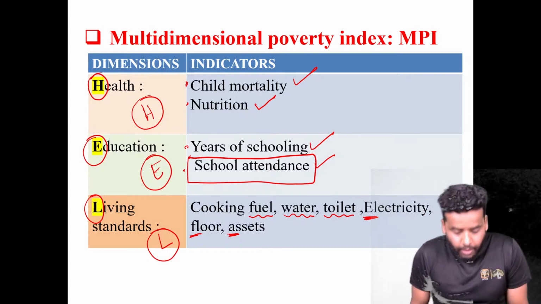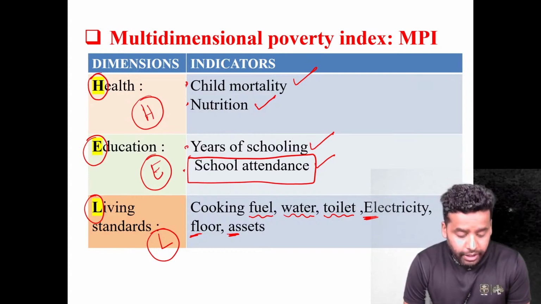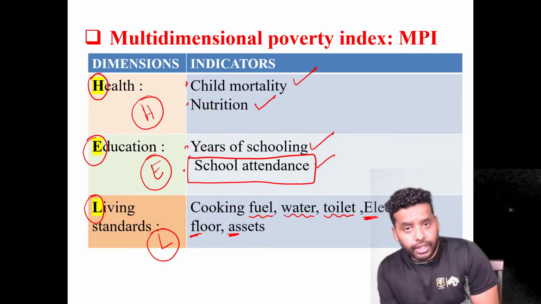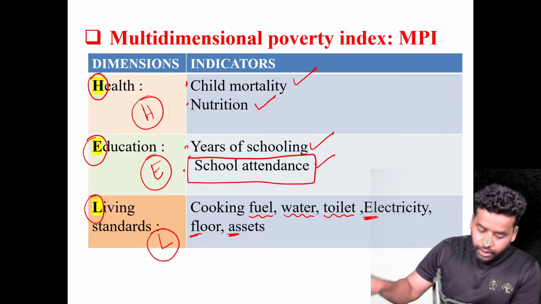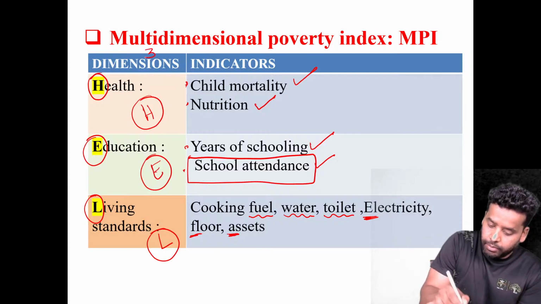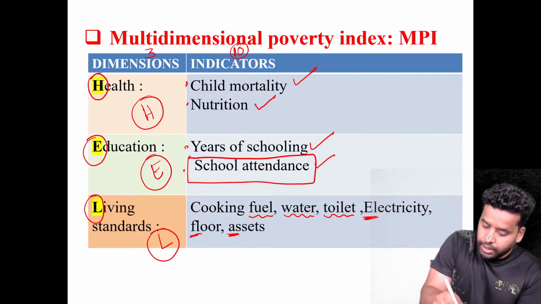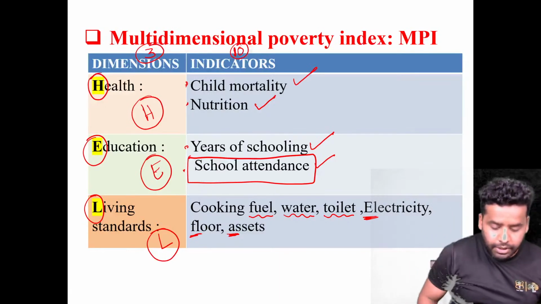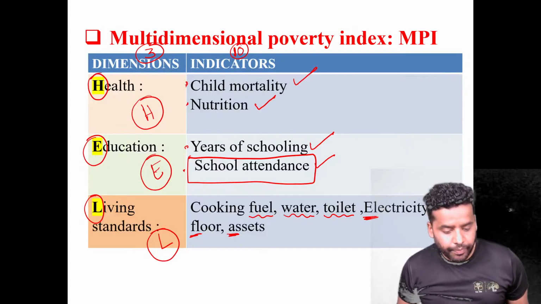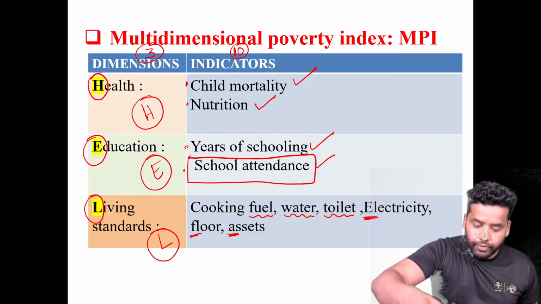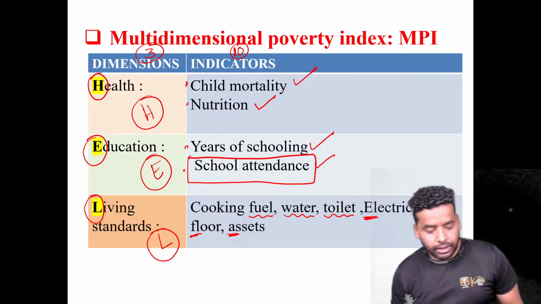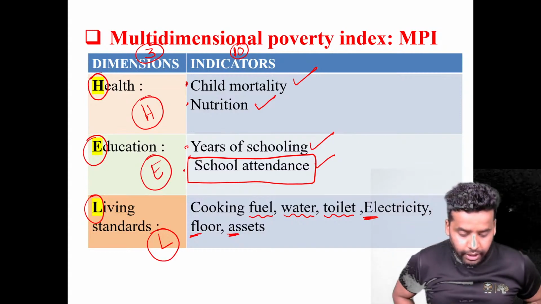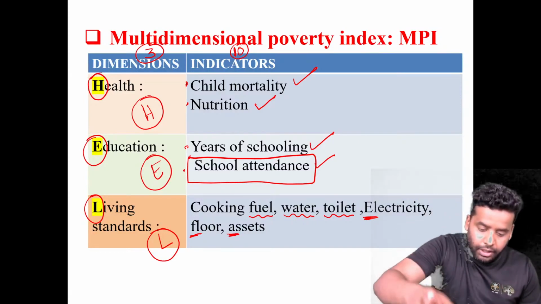Three dimensions, 10 indicators. Remember the words properly. Three dimensions and 10 indicators. Very good. 3 by 10.